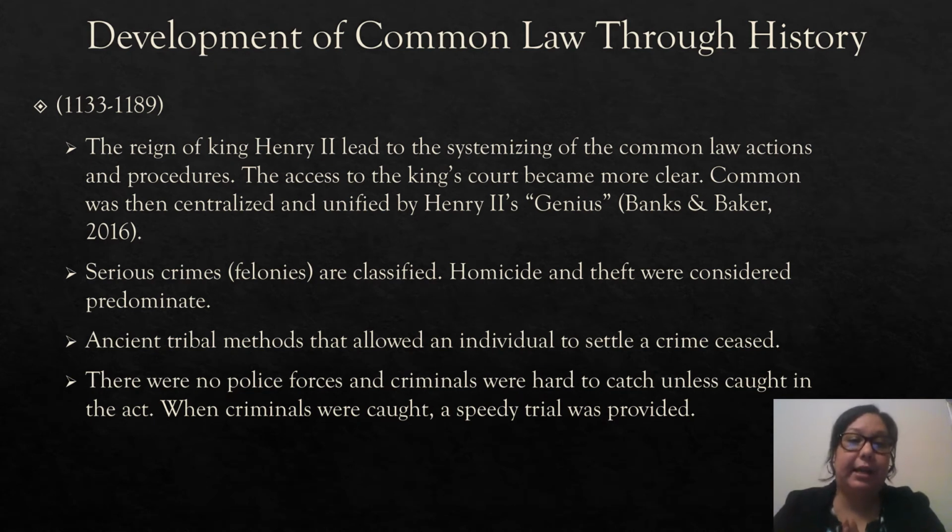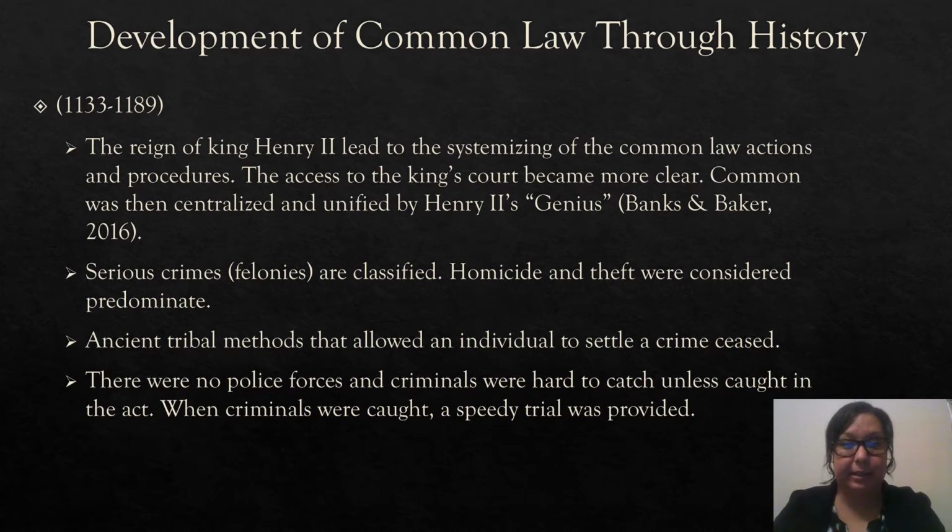The reign of King Henry II really led to a systemizing of common law and laid down some pretty good foundations. Everything became more clear-cut and unified throughout England. The most serious crimes, also known as felonies, were homicide and theft.